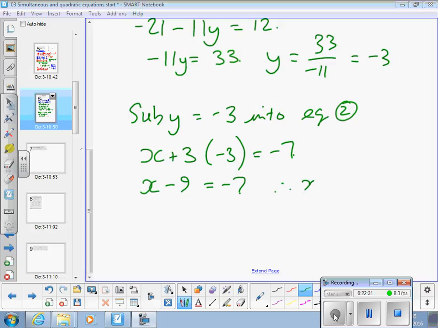Therefore, x equals 2. Yep. All see that, yeah?